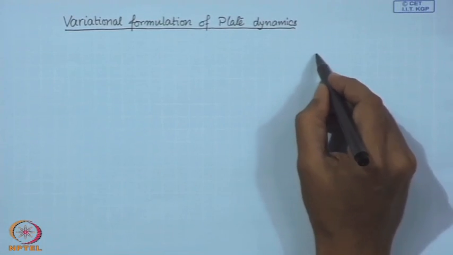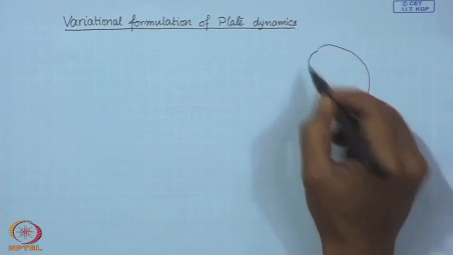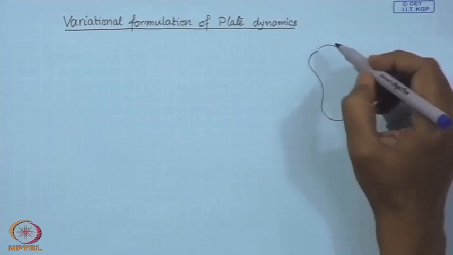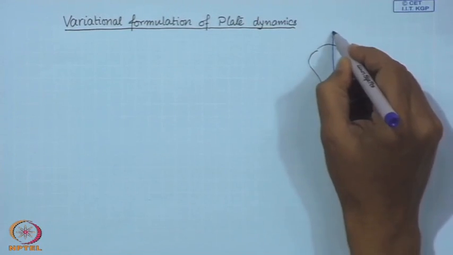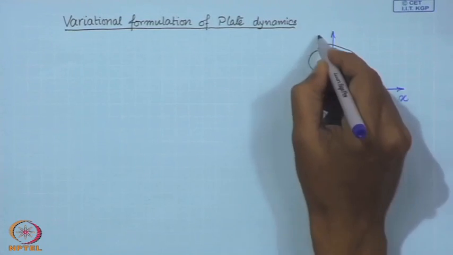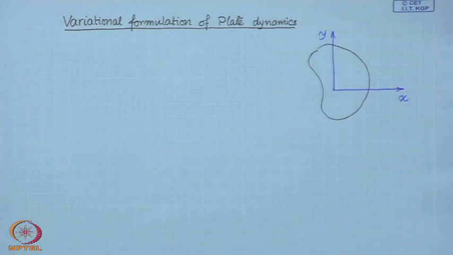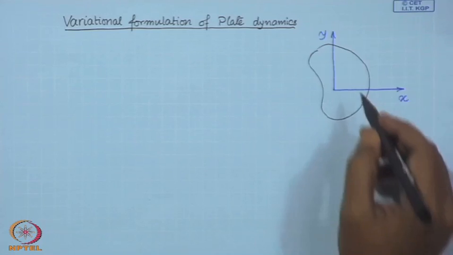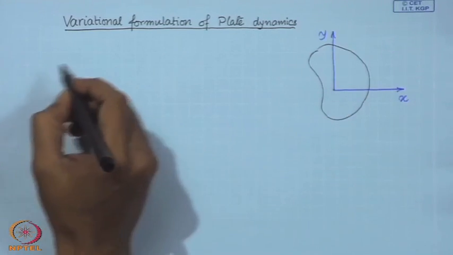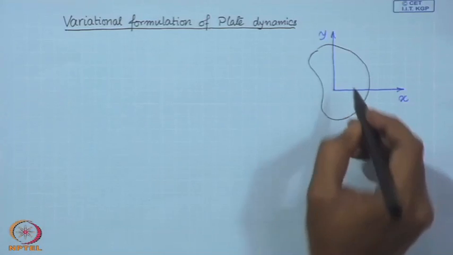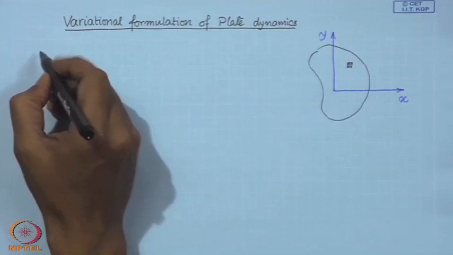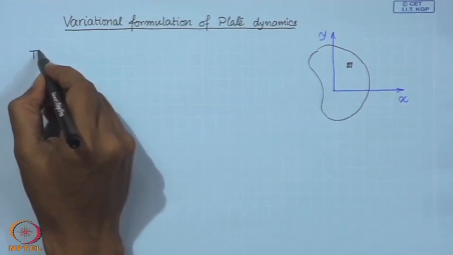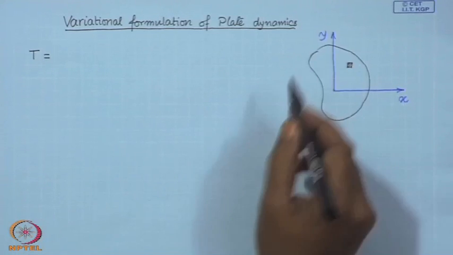So, let us consider a plate now here. When we do the variational formulation, we first write down the kinetic energy of the plate.